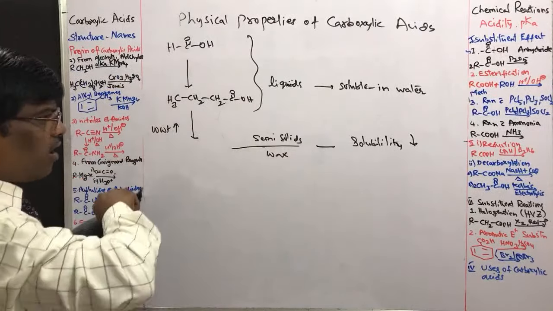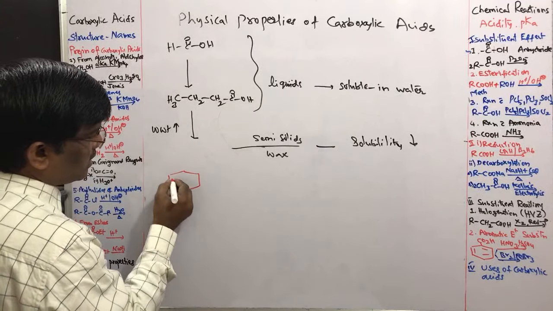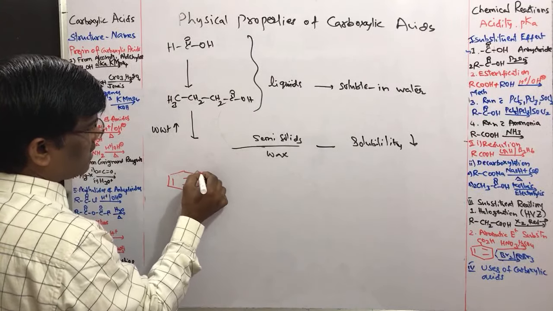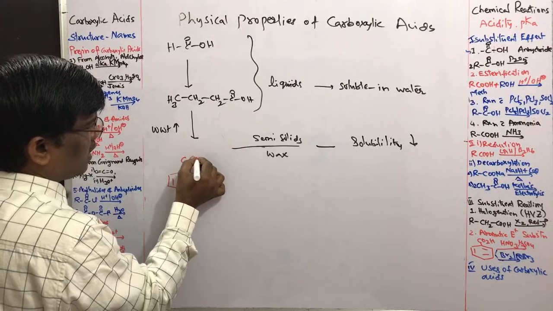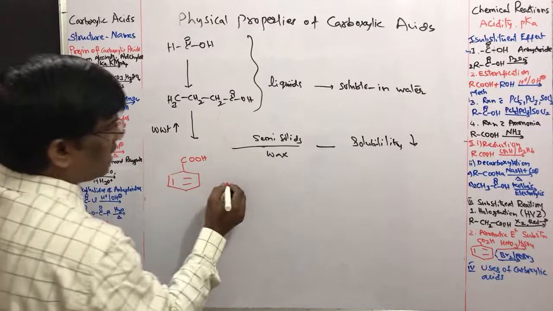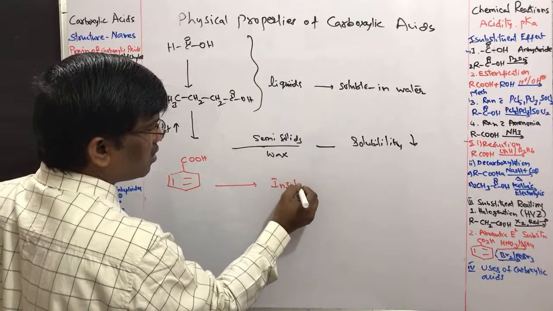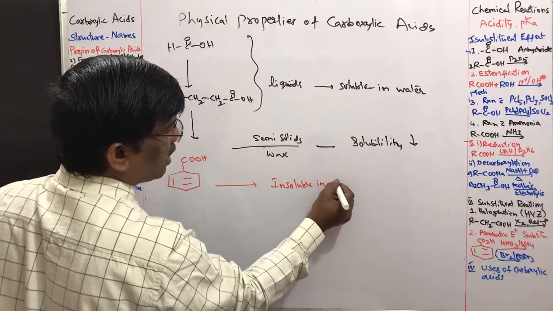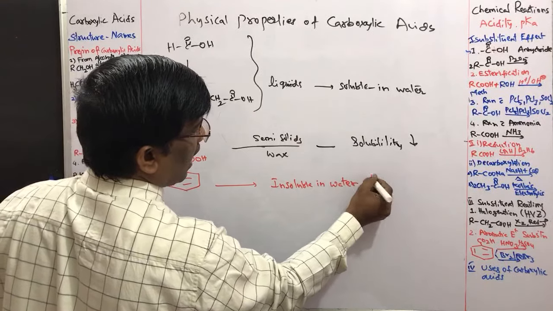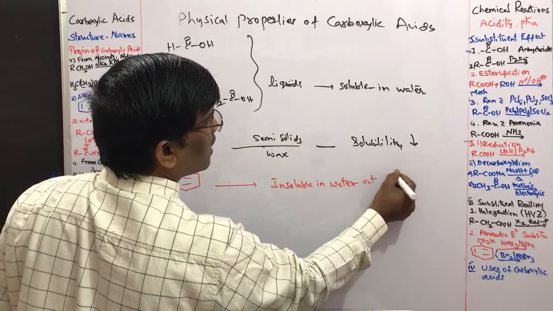When it comes to aromatic carboxylic acid, the starting carboxylic acid is benzoic acid. I can write anywhere, students, benzoic acid, and it is insoluble in water at say 0 degrees centigrade.